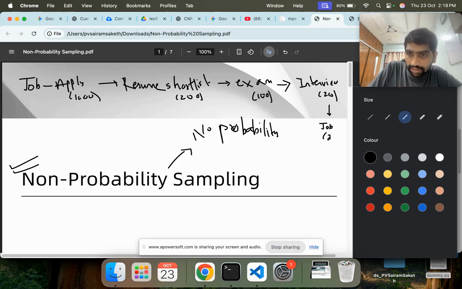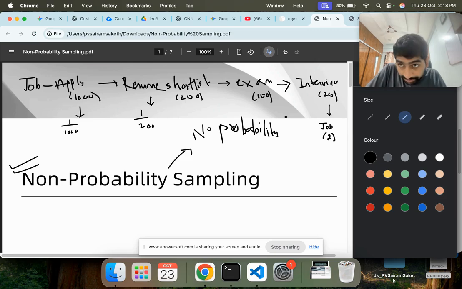So here you see, the probability of you applying for the job is 1 by 1000. Then if your resume got shortlisted, the probability of that is 1 upon 200. So here you see the concept of probability is there.